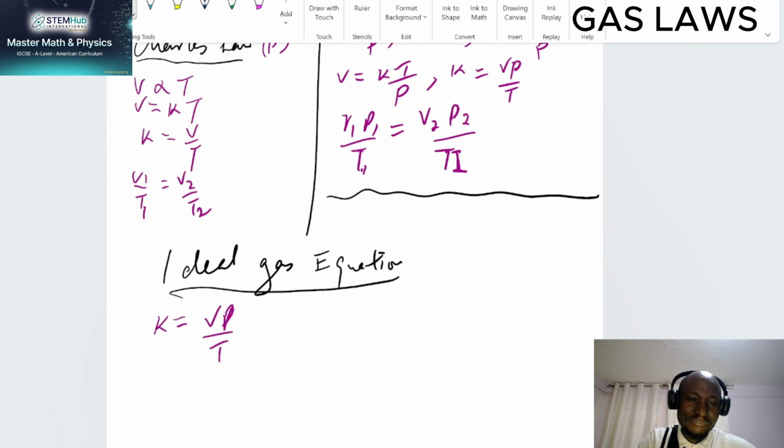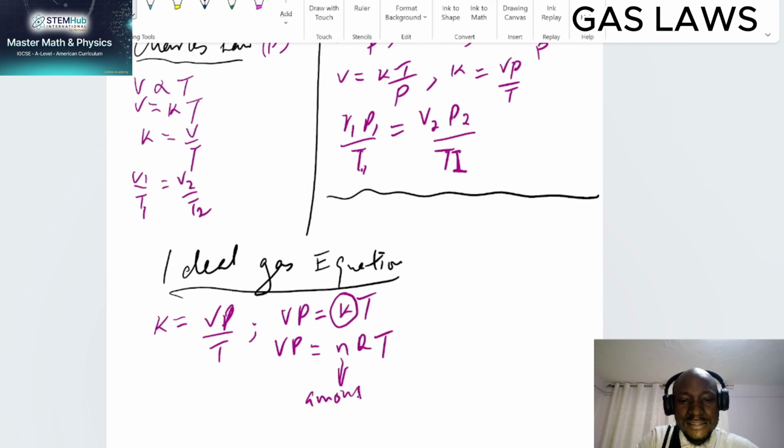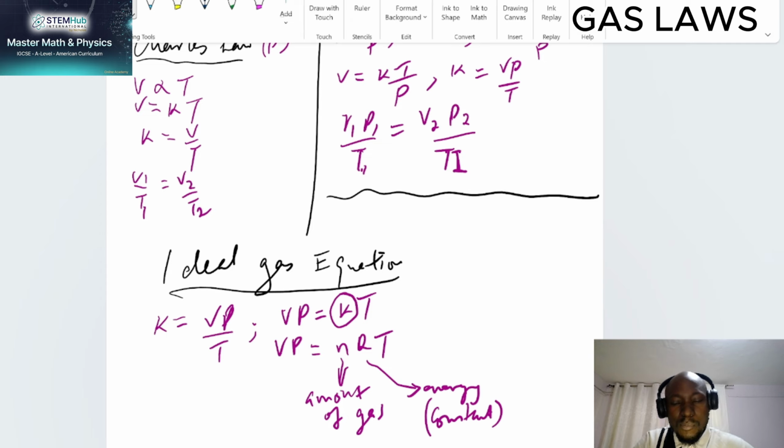In ideal gas situation, we replace this K with the amount of gas and a constant. So we shall have PV is equal to nRT, where n represents the amount of gas. R represents how much energy a mole absorbs at any increase in temperature. This is the equation for ideal gas.